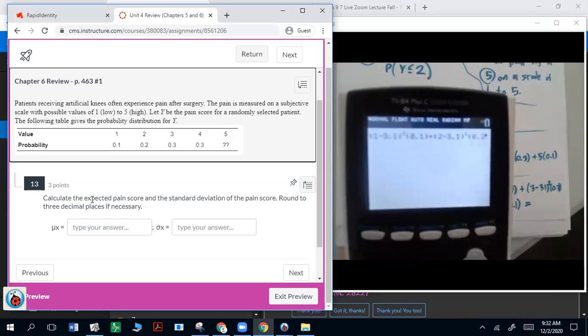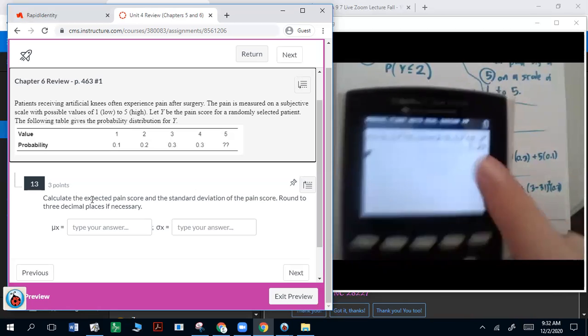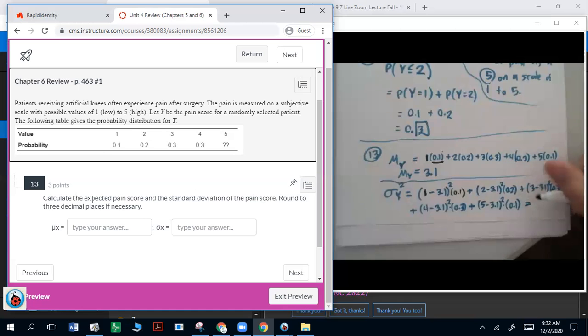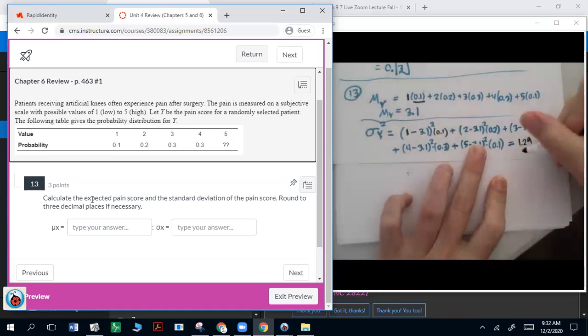You do all that, and you get 1.29, which is your variance.